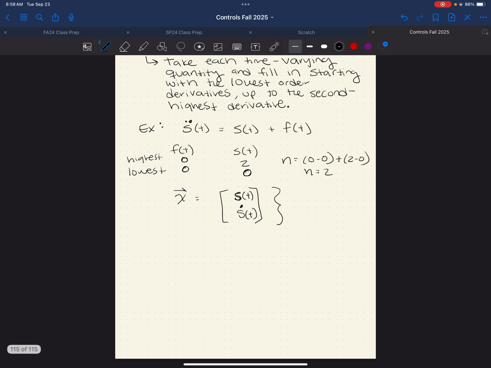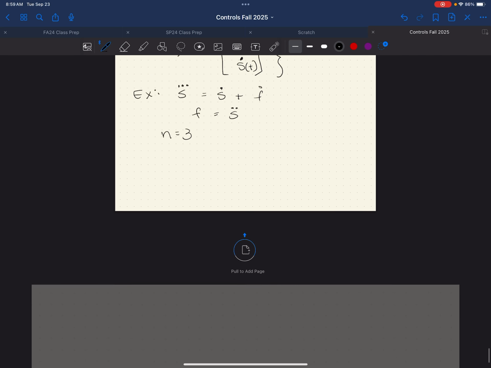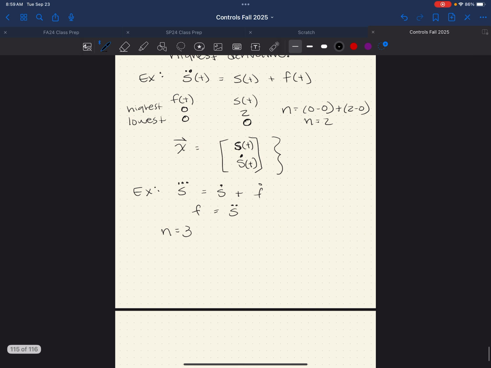Okay, let's do that again for our other example. Let's go back to that s triple dot equals s dot plus f dot, and f equals s double dot. Okay, I'm just going to leave out my dependencies just for expediency. We already determined that n equals 3. We determined that in that previous example. We just need to figure out what are the 3 quantities that go in here.